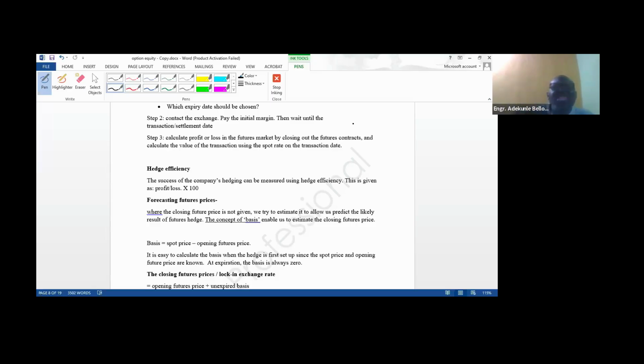Where you are not given the closing futures price, then you are going to estimate the closing futures price.